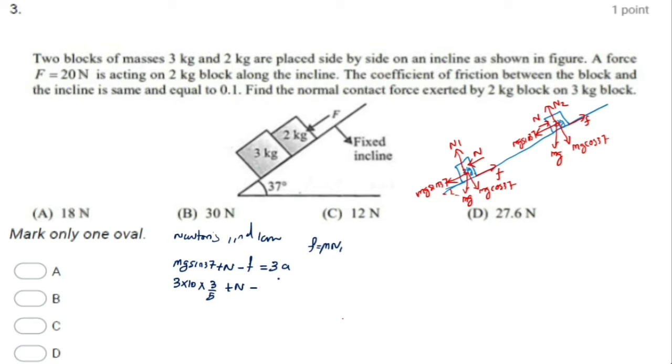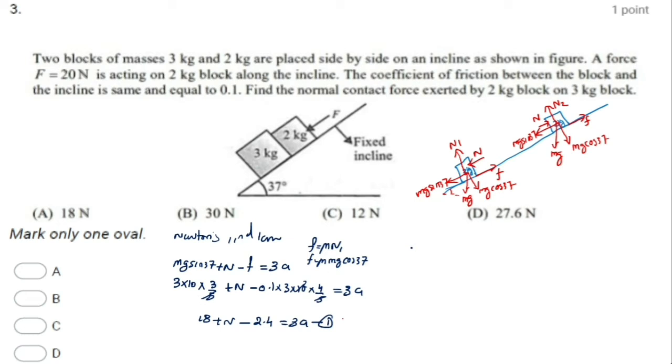So F is equal to mu mg cos 37. Mu is 0.1, m is 3, g is 10, cos 37 is 4 by 5, that is equal to 3a. Now if you do the calculation, you will get 18 plus N minus 2.4 equal to 3a. See this one, equation number 1.